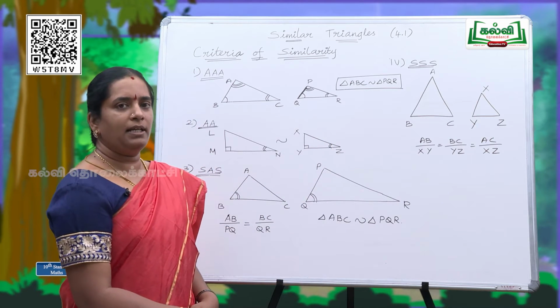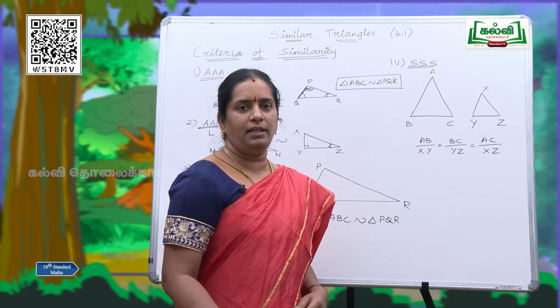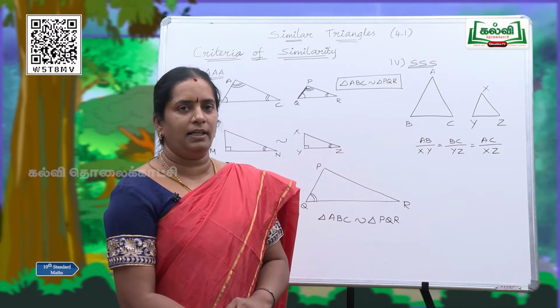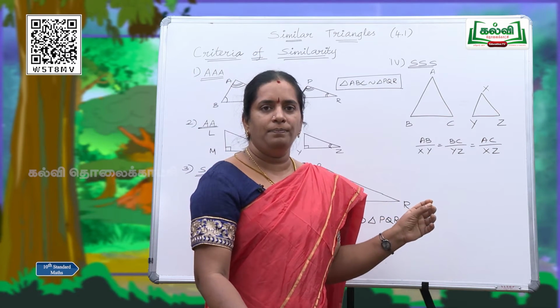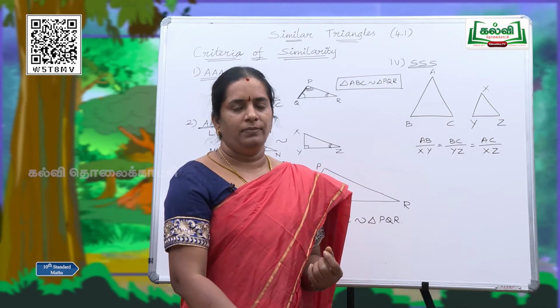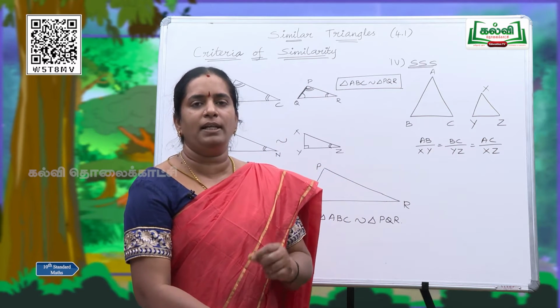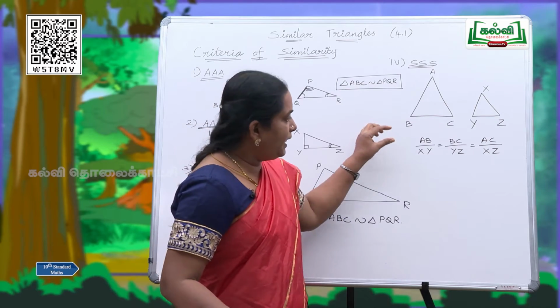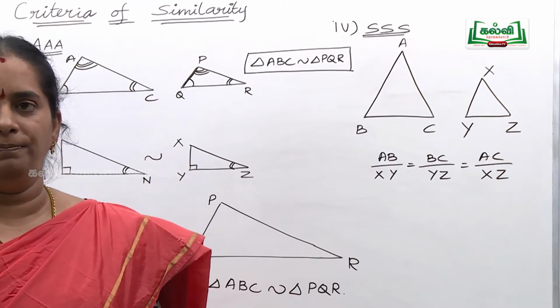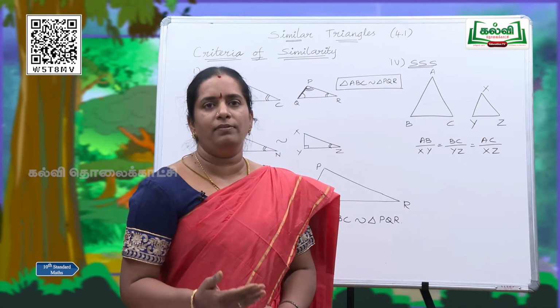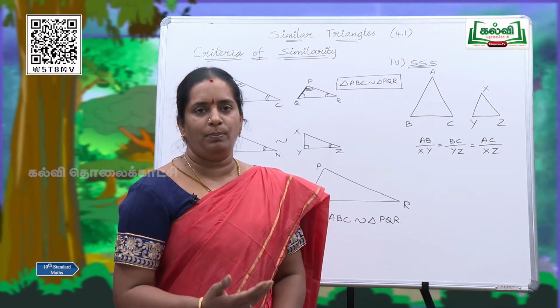The next criterion is SSS criteria, that is side criteria. So side means all the sides are proportionate, that is the ratios of the corresponding sides are equal, that means proportional. So if two ratios are equal, we say proportional or proportionate.